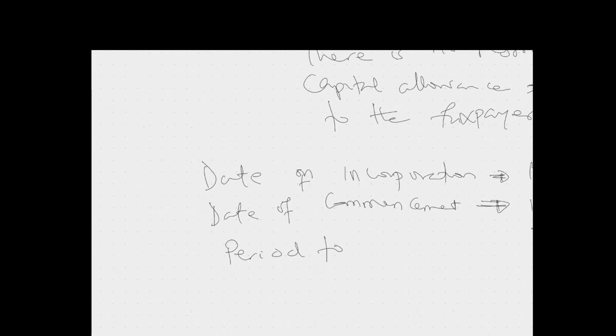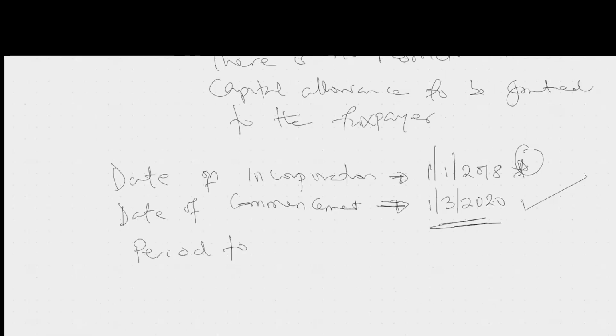But when you see it in commencement, it means from the date the company commenced operation to the date they gave you the question. So in this regard, they said period to 31st December 2020.